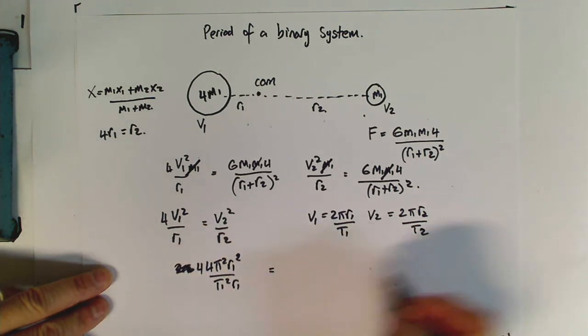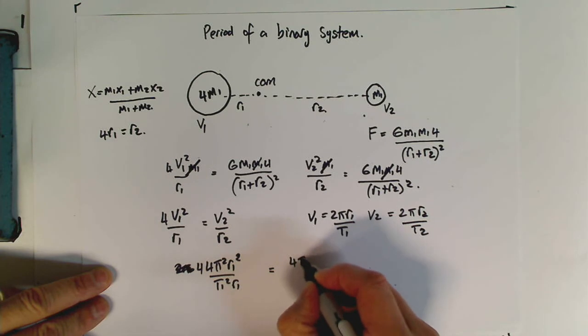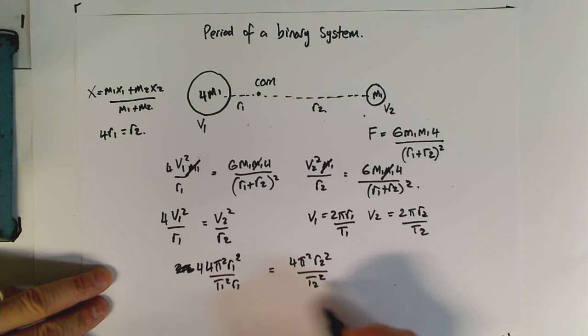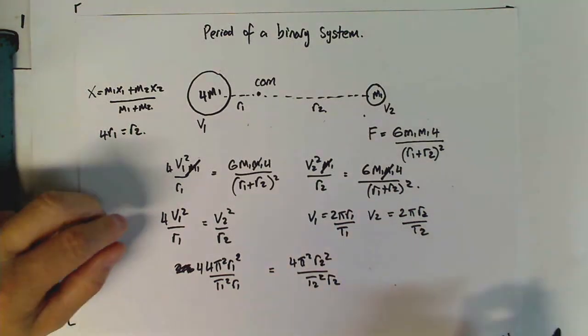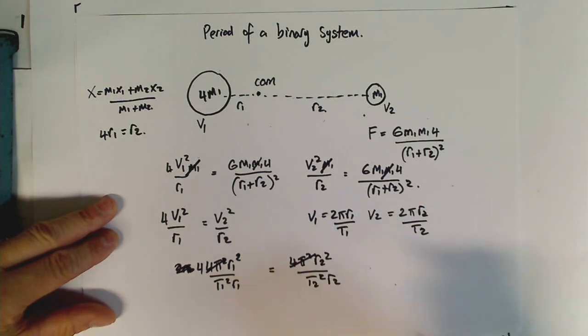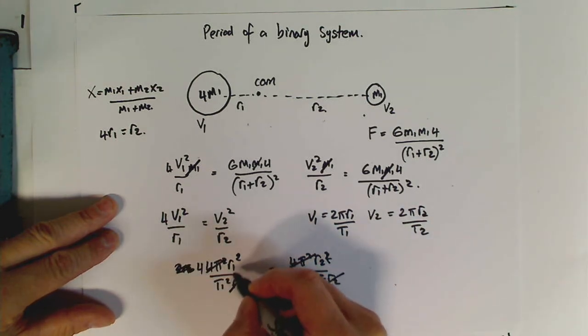That's equal to v2 squared, which is 4 pi squared r2 squared all over t2 squared, and all divided by the r2. Now we can simplify this down. We've got 4 pi squared on both sides, that can go. We got rid of the r2 on that one, and the r1 on that one's gone.